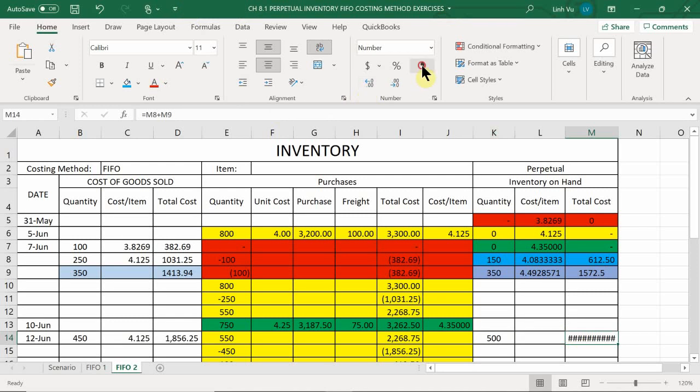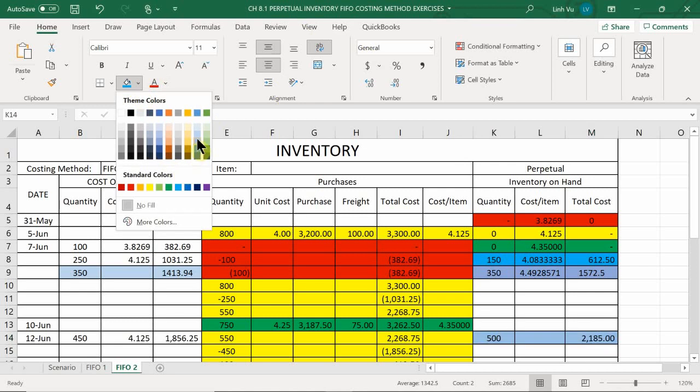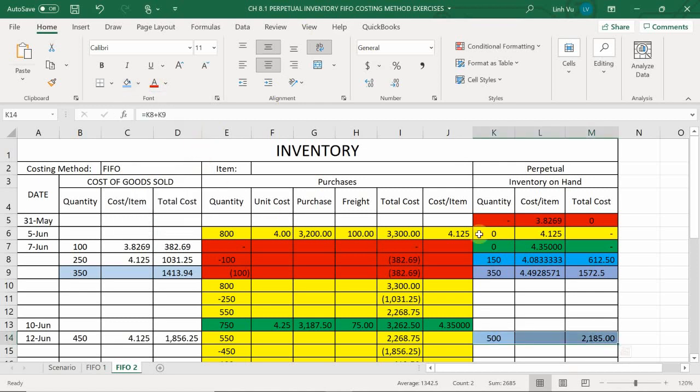And this is a calculation. That's your total ending inventory: 500 units at $2,185. Okay.